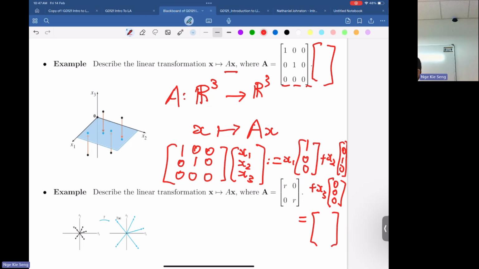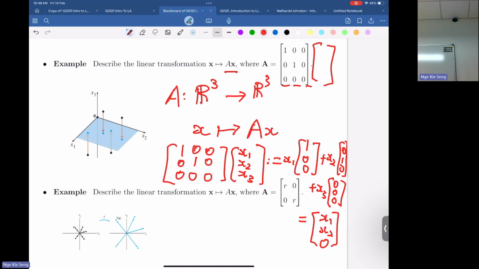Can you tell me the third entry in your vector? x1, x2, and 0. I input s1, s2, s3 and suddenly s3 becomes 0. What does this mean? s3 usually represents the z variable, the height. So your height becomes 0. Your height disappeared.